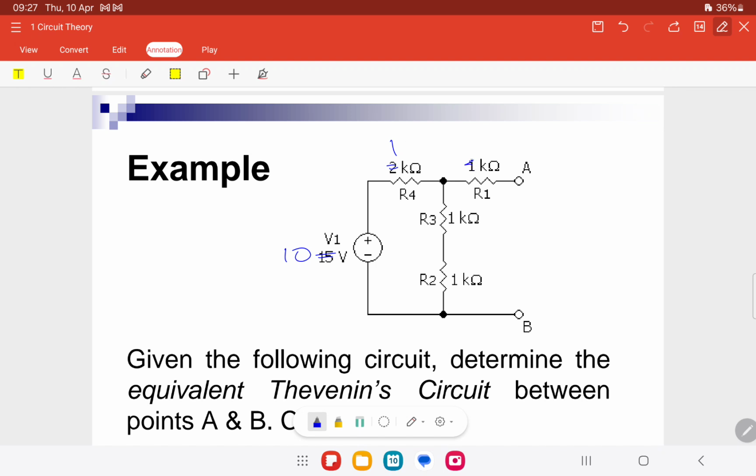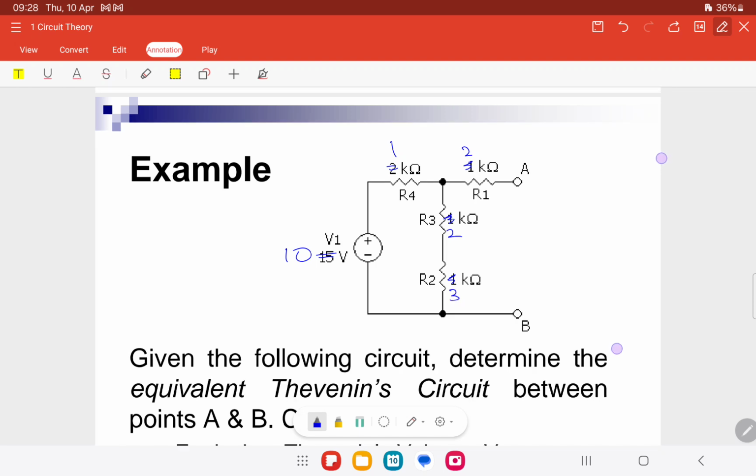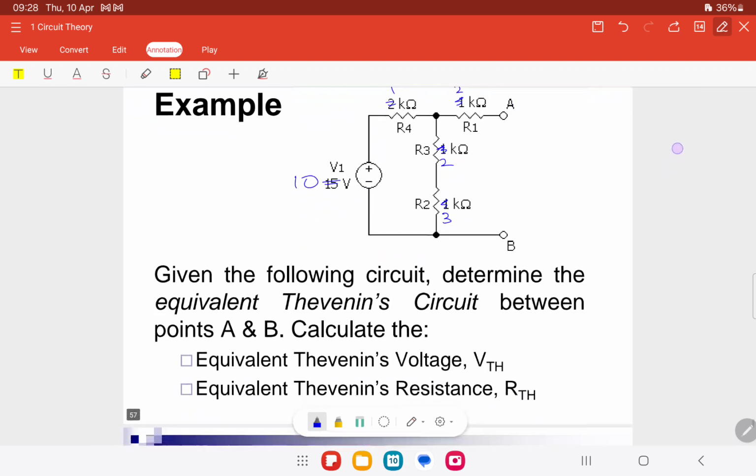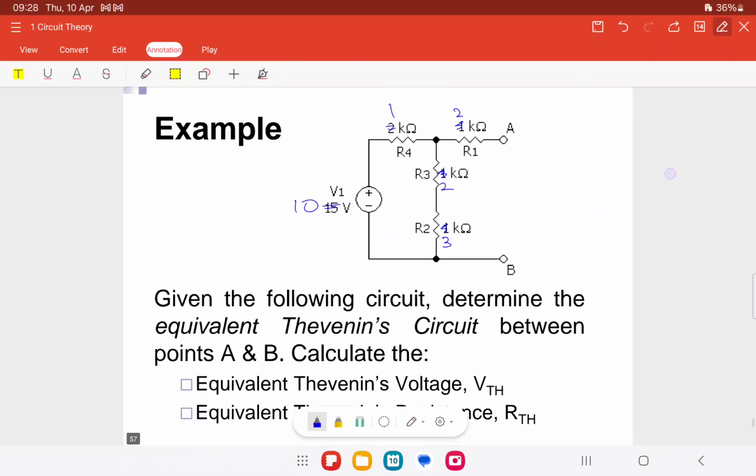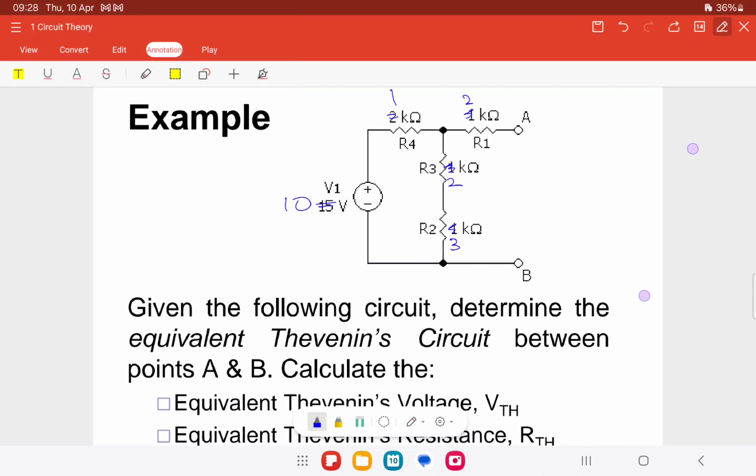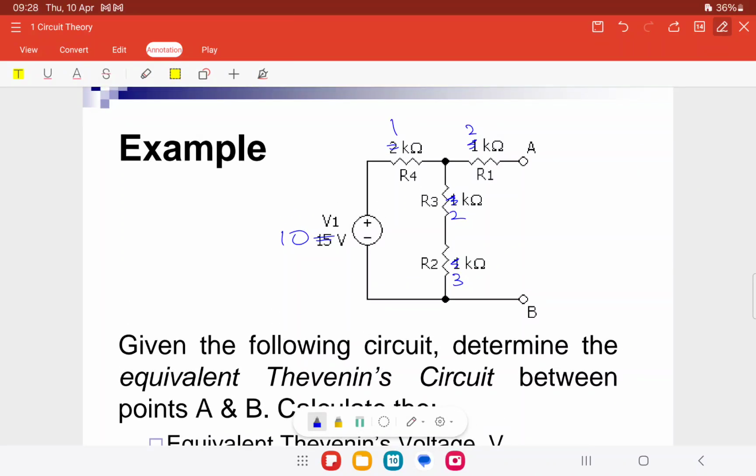This one become 2K. This will be 2K. 1 become 3K. Okay, get me the Thevenin's equivalent circuit.